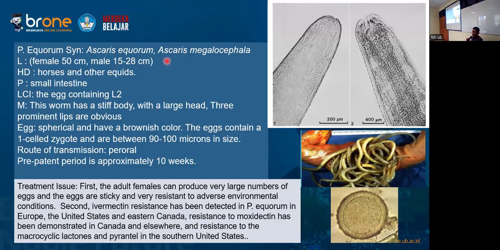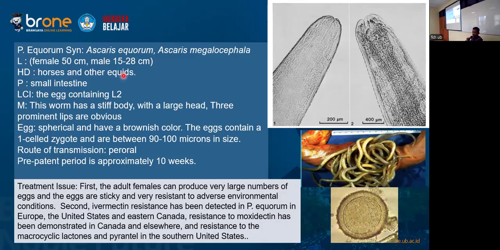Before, you learned about Ascaris suum, and now you find the similar one in the equine, namely Ascaris equorum. That is the other name of Parascaris equorum, right?